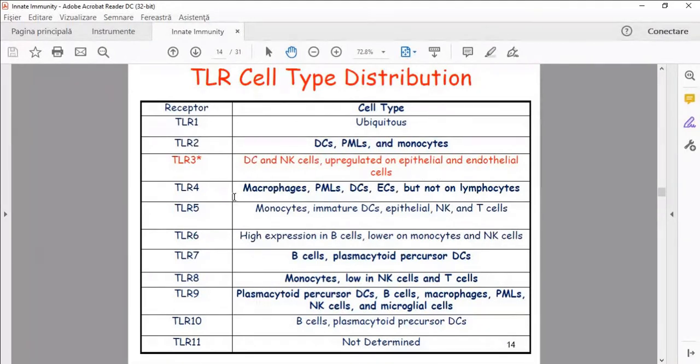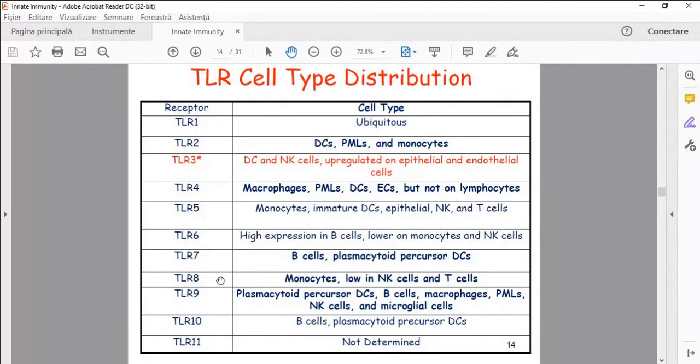Okay, we should keep in mind that toll-like receptor 4, for example, is expressed on most phagocytic cells and also on antigen-presenting cells, but it is not expressed on lymphocytes.